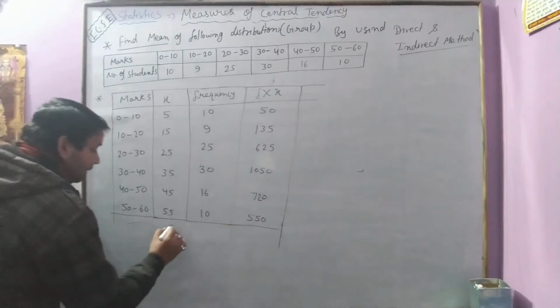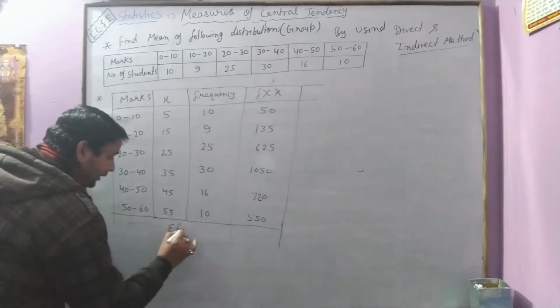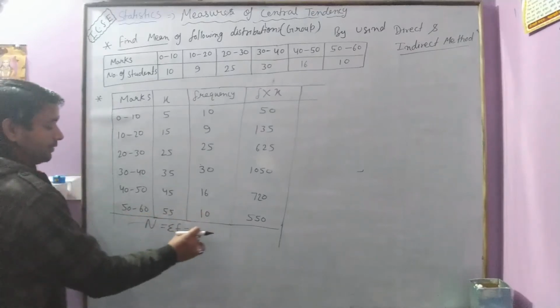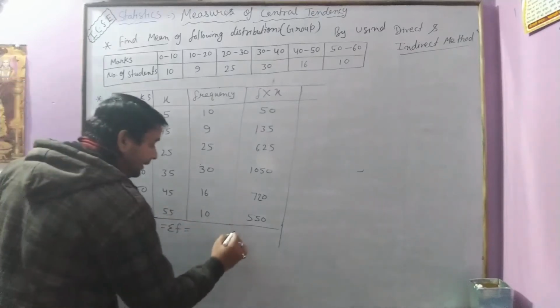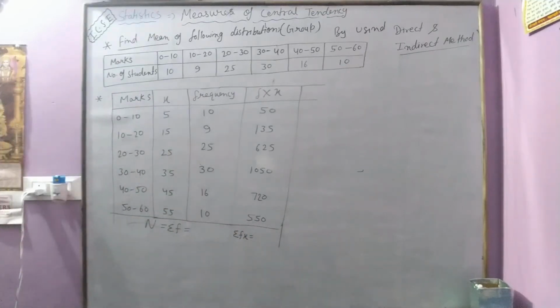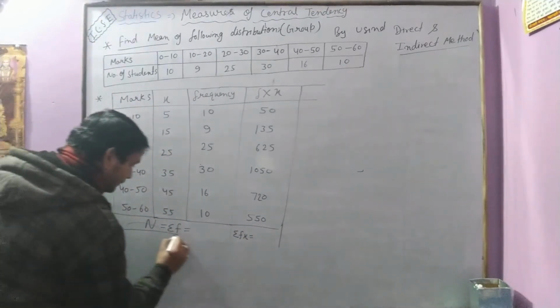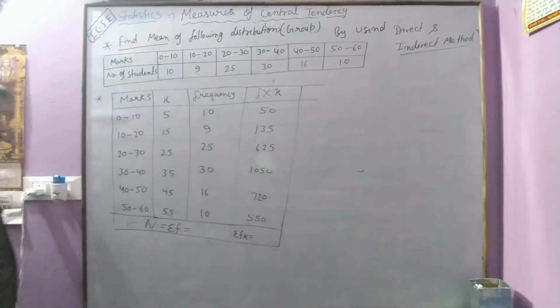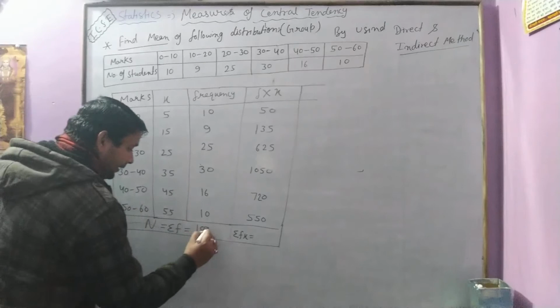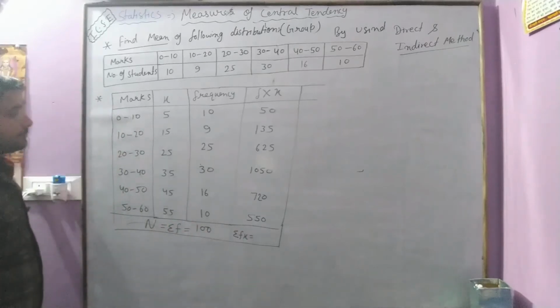Now from this you need to calculate summation of n, which means frequency, and here summation of fx. Calculate it. So this value is 100, and how much is this?